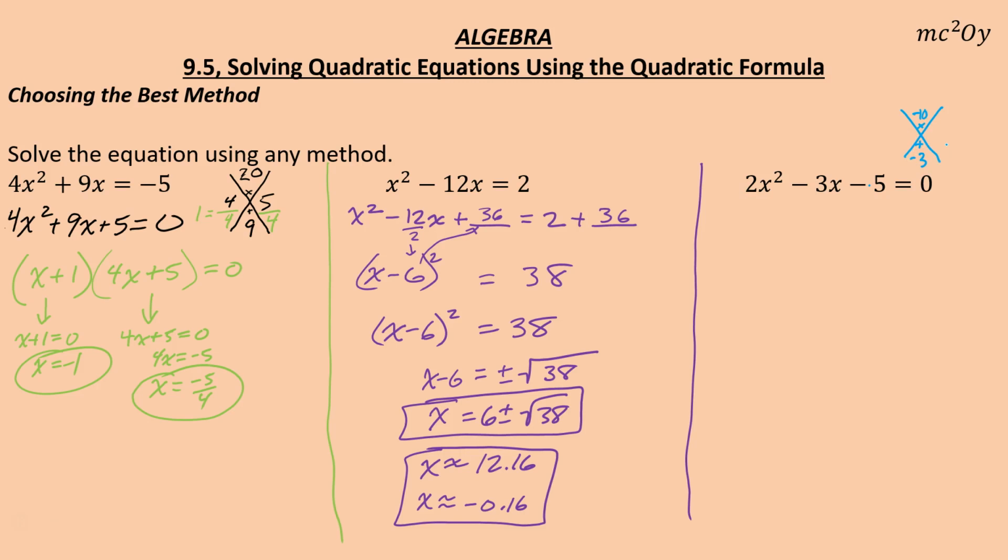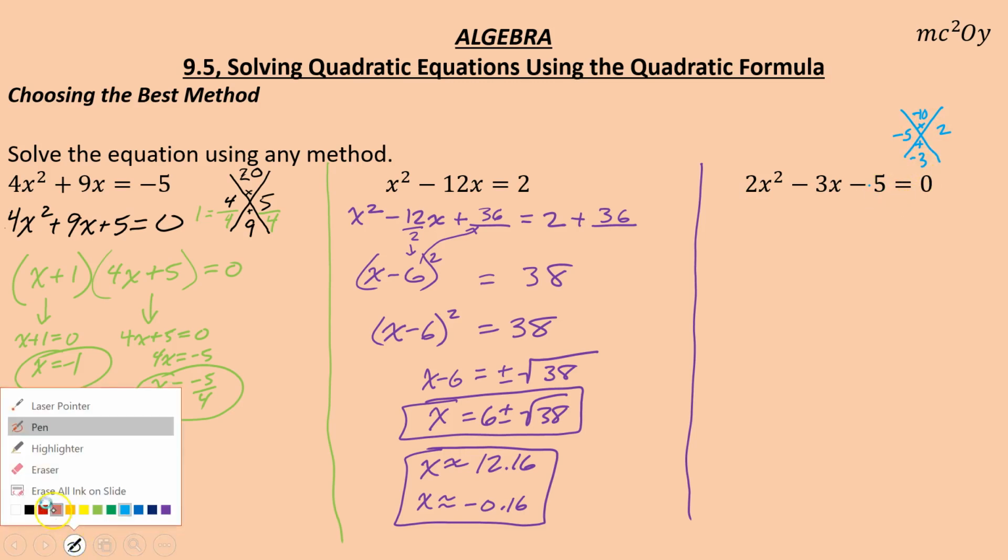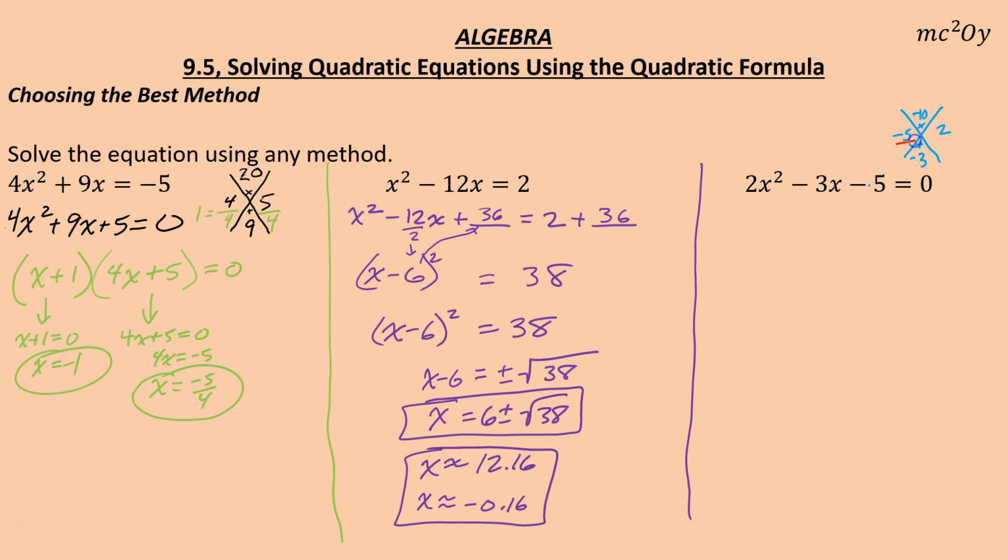Well, I could test. 1 times 10 doesn't work. 2 times 5. Well, 2 and 5. Negative 5 and positive 2 work. That gives me negative 10 and negative 3. All right, and then we're going to go ahead and divide. Remember, divide this by A. So the A term is 2, so we've got to divide by that 2.